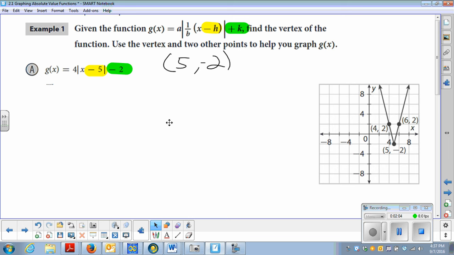So 5 and -2 is what we have here. Now notice how you have a negative already in the formula. So we're not going to use this negative. We're going to use just the 5. So our x value is going to be 5 and our y value is going to be -2. So I've got it graphed here.